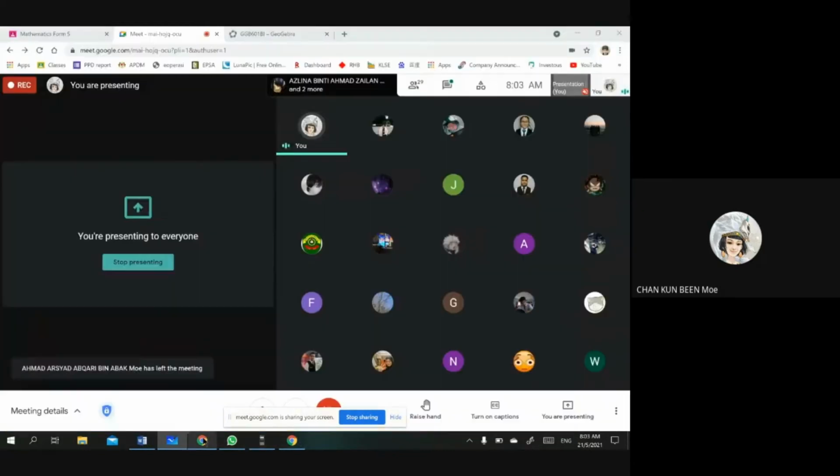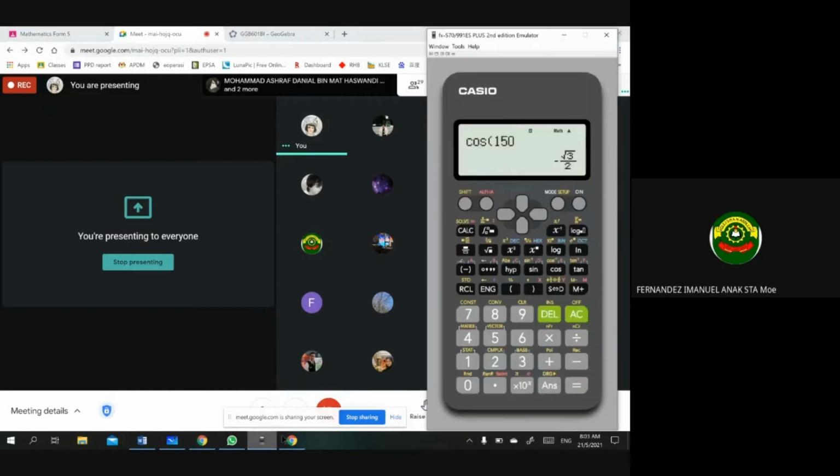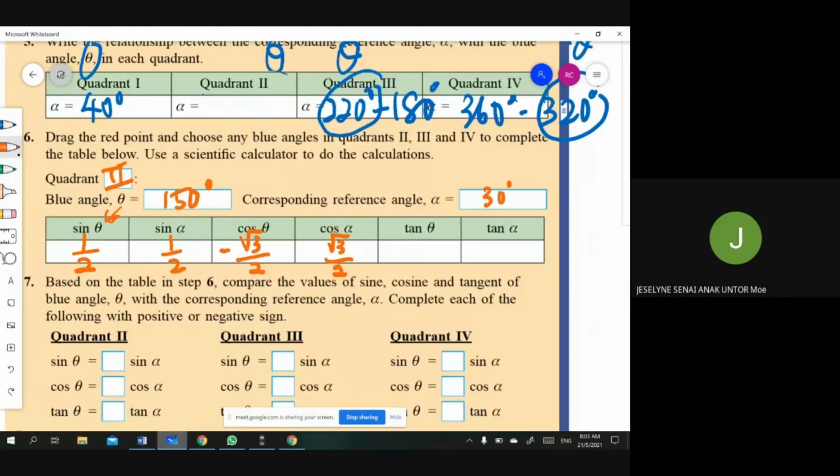Is it negative root 3 over 3, madam? Correct or not, class? Yes. Negative root 3 over 3. Okay, I just follow. What about the last one, Sophia? Root 3 over 3. Okay, thank you, Sophia. Okay, so over here, I'm going to continue.